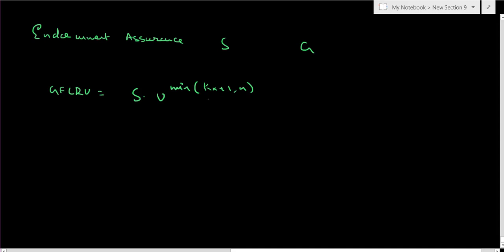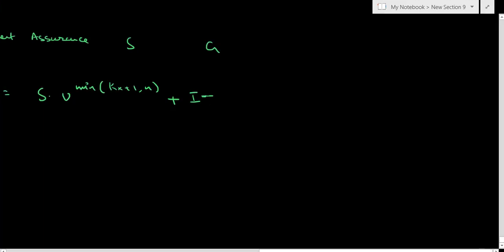Cool. So this is your death benefit plus your initial expense, that is I, plus E, that is the annual expense, into a-due of minimum of K_x plus 1 comma n minus 1, because this is not payable in the first year. Makes sense, right?